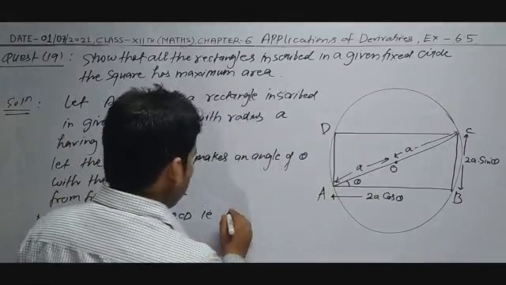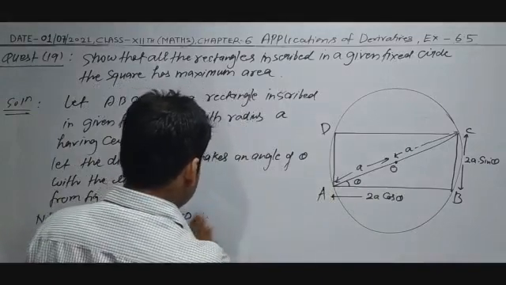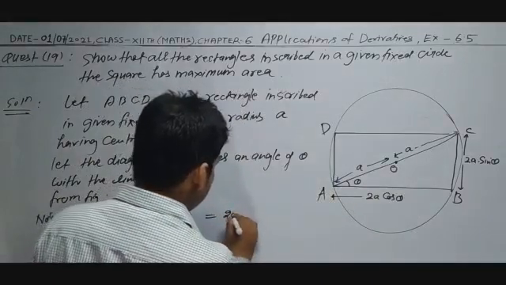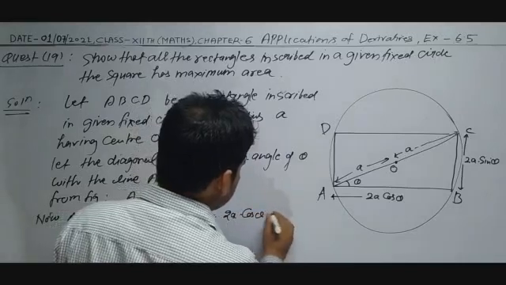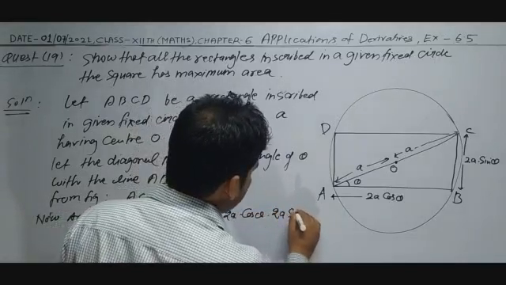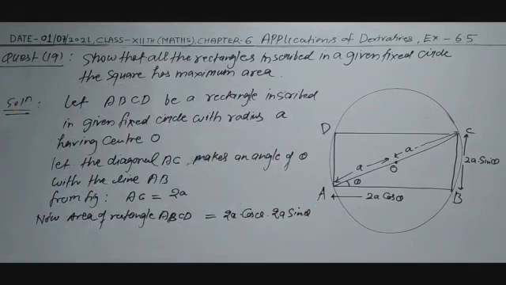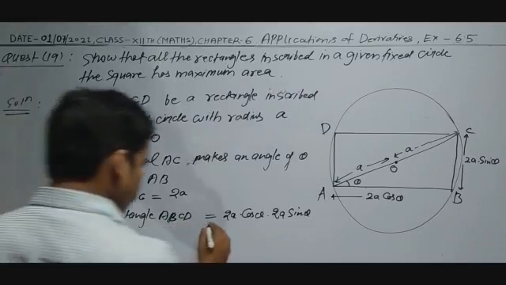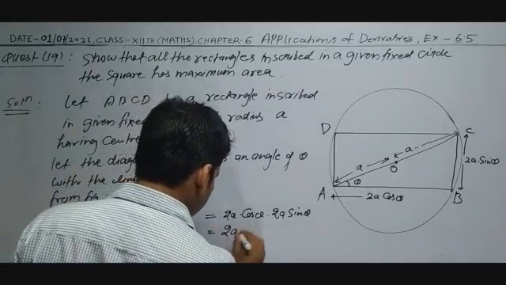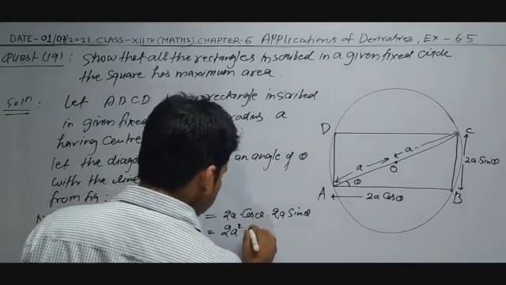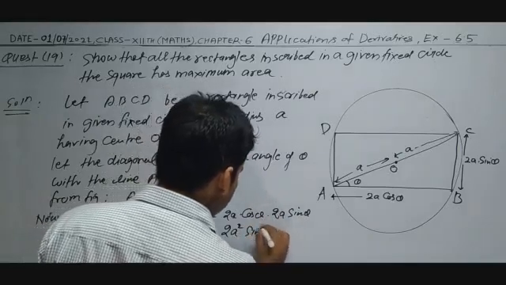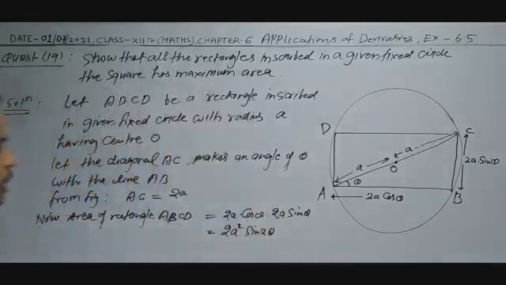Length is 2a cos theta and breadth is 2a sin theta. So this calculation will be 2a square sin 2 theta. This is the area of the rectangle.